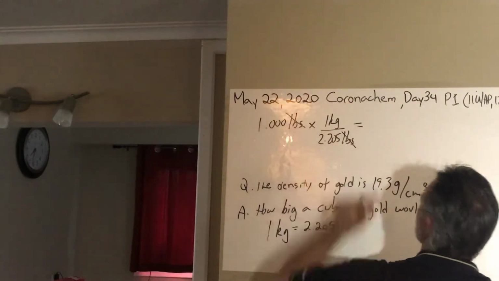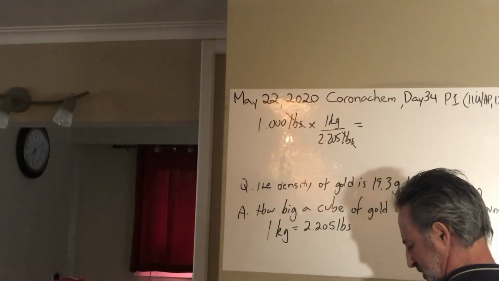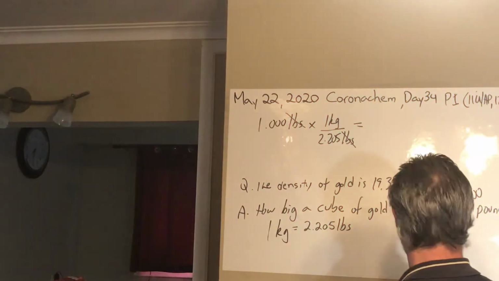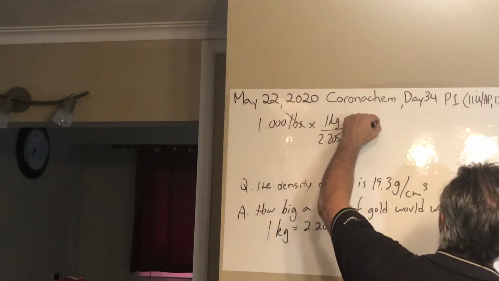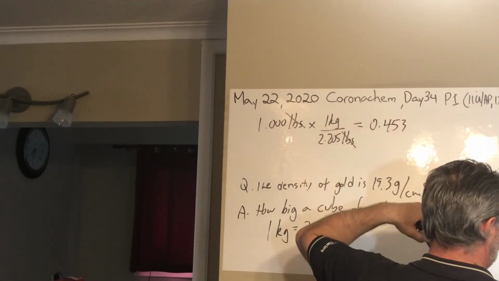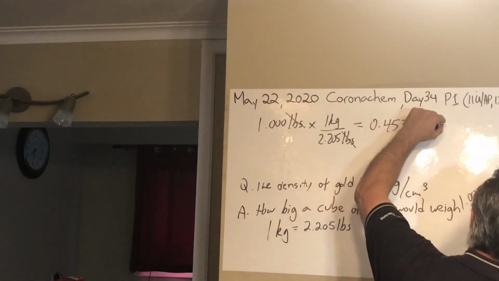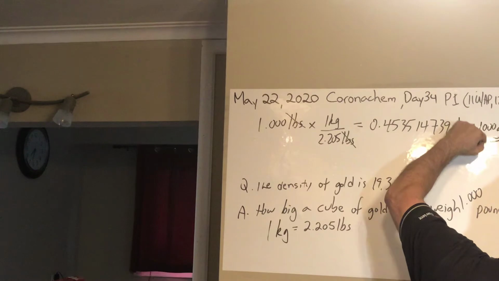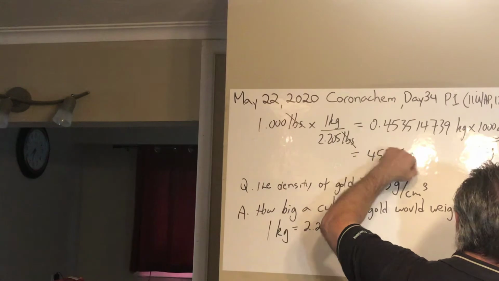Because I want to cancel pounds. 1 divided by 2.205 gives you 0.453514739 kilograms. And we know there's 1,000 grams per 1 kilogram, so that equals 453.5, we'll stop it there, grams.